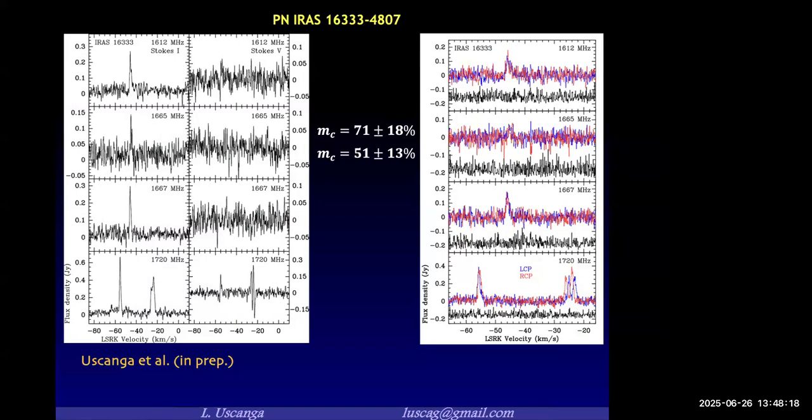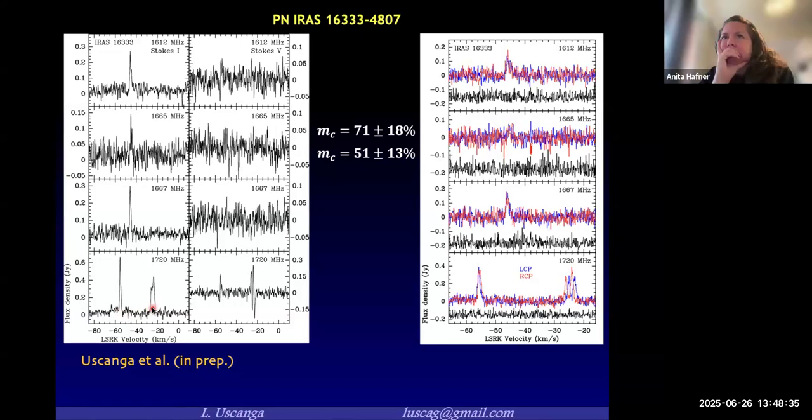Oh right, yeah. So the range is covering, I think, for the 1720, at least 40 kilometers a second or something like that.